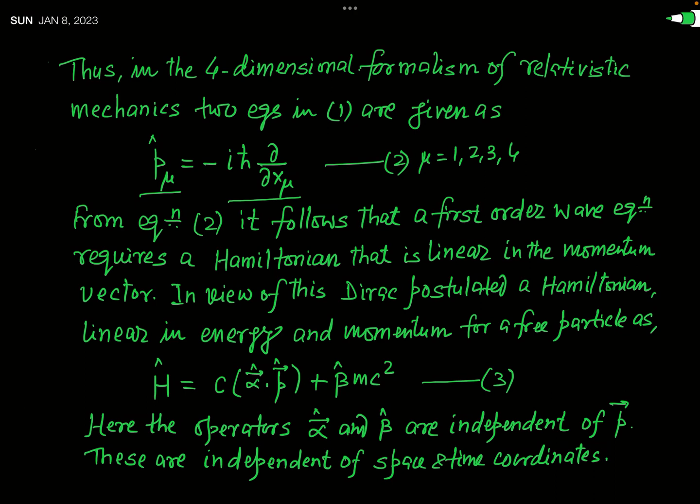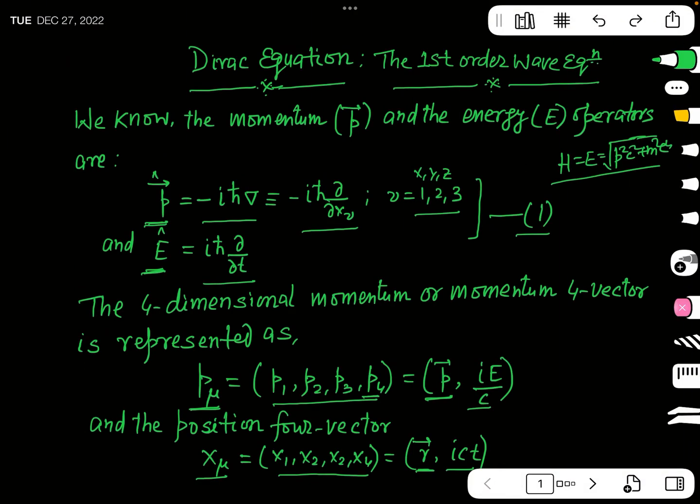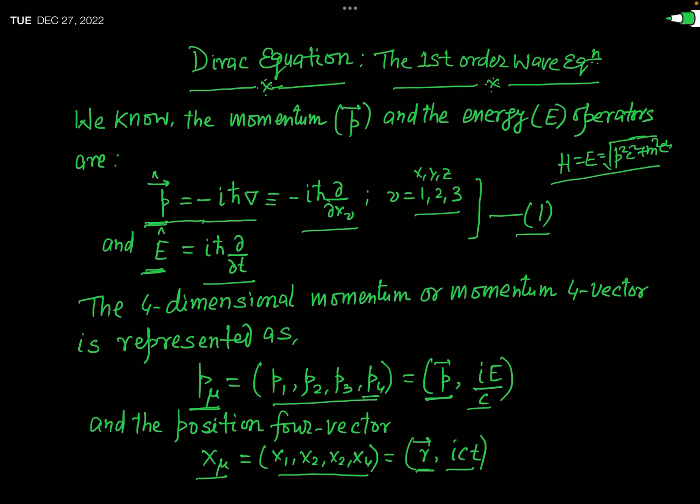When you substitute the values of x mu, that is x1, x2, x3, you will get the momentum vector p, and when the 4th component of x mu is substituted, then you will get the energy operator. In fact, substituting mu equal to 1, 2, 3, you will get this operator p hat, and when you substitute x4, then you will get this energy operator E hat, which is equal to i h bar del by del t.